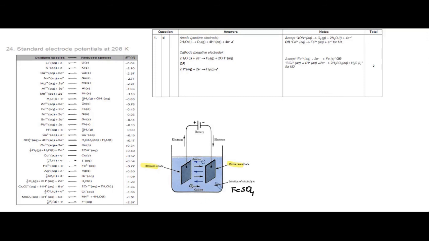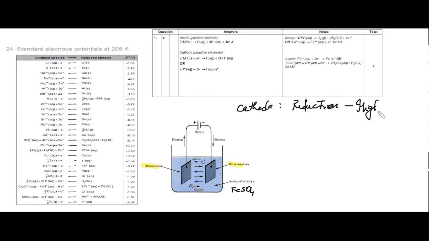At the cathode, there is a reduction that takes place, and reduction happens for the species with higher reduction potential.